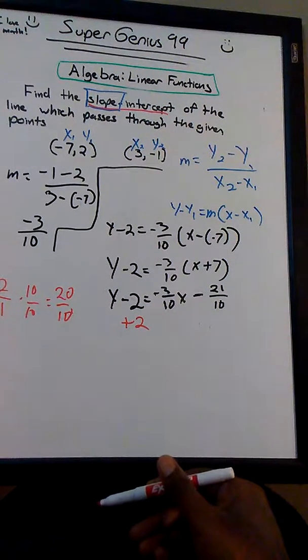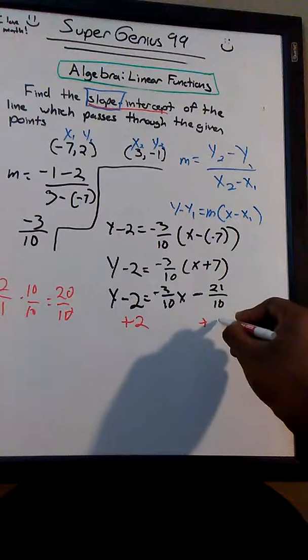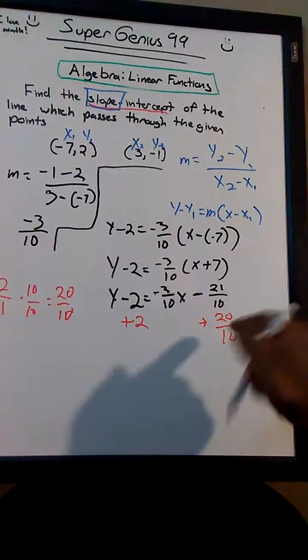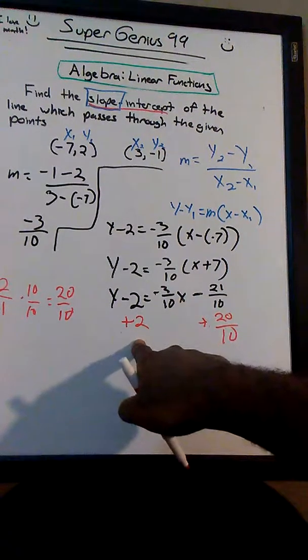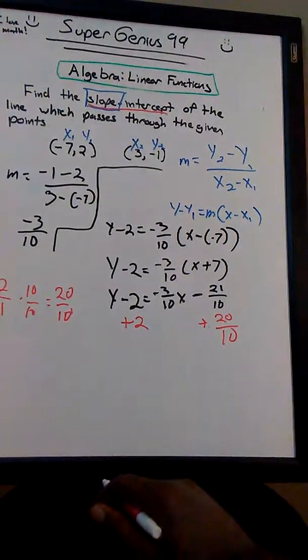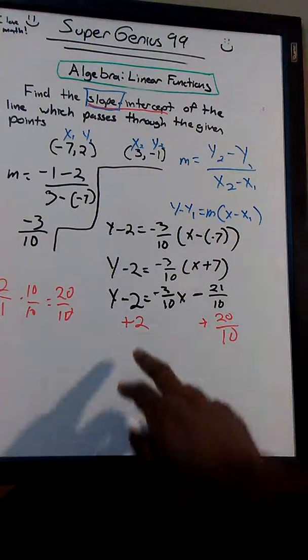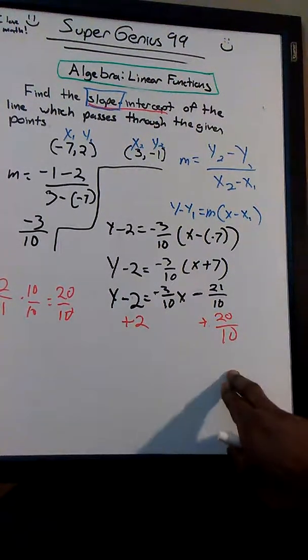Now some of y'all are going to say, what is he doing? Over here I'm adding 20 over 10. What is 20 over 10? 2. And as long as you add the same value to both sides of the equation, you haven't changed anything. So here I have 2, here I have 20 over 10.